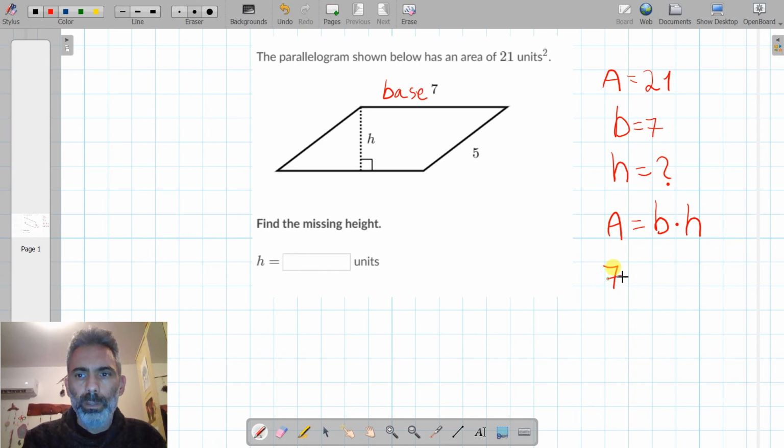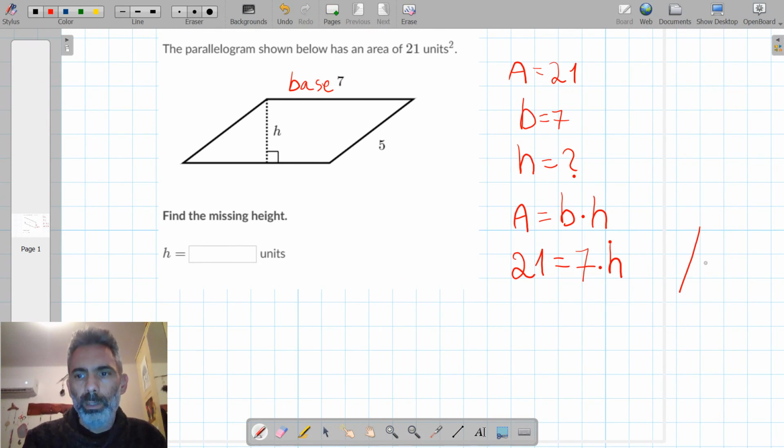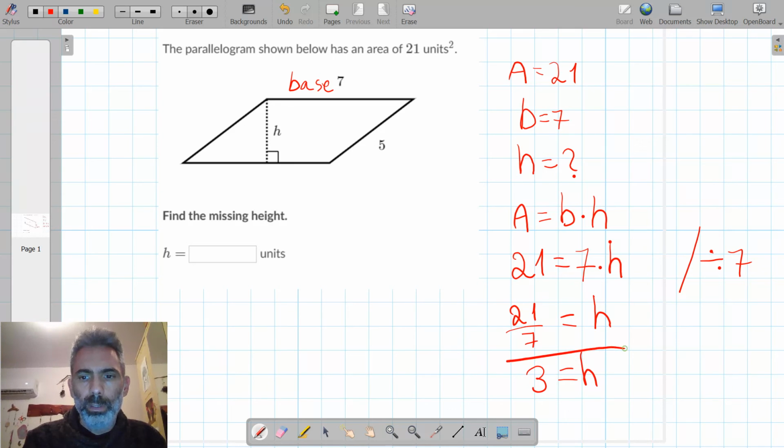The area is 21, and we are given the base, which is 7. We don't know the height, so 7 times h equals 21. So we need to divide both sides of the equation by 7 to isolate the h. So we are left with h, and on the other side 21 divided by 7, which is 3. So h is 3.